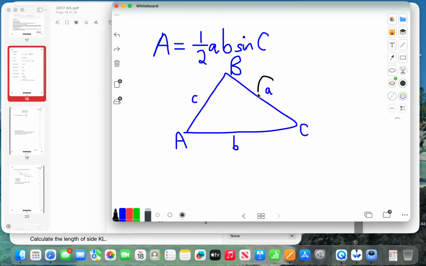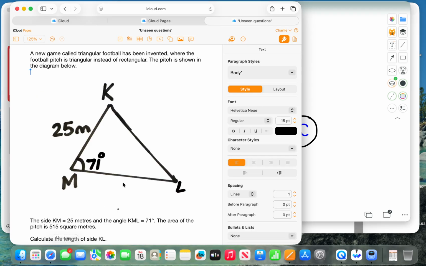So we need to know this, and this in order to find the area. What that means is we have 2 sides and the angle between those 2 sides. You're thinking, that doesn't seem too bad.